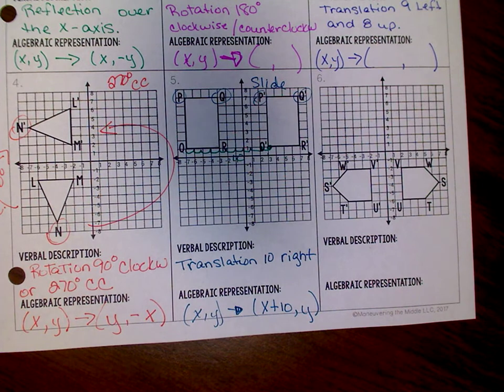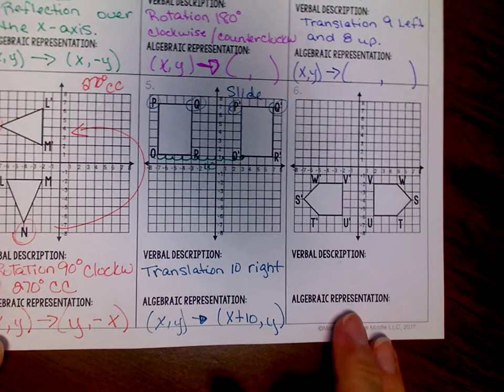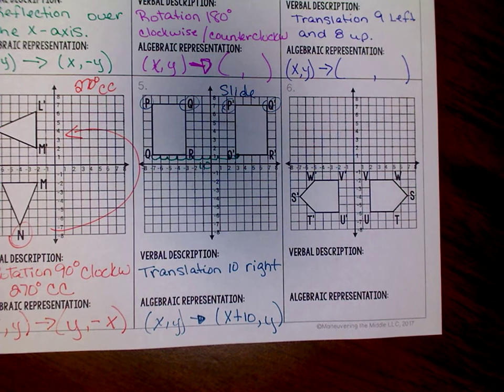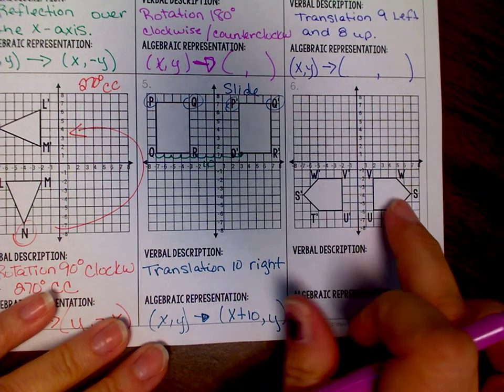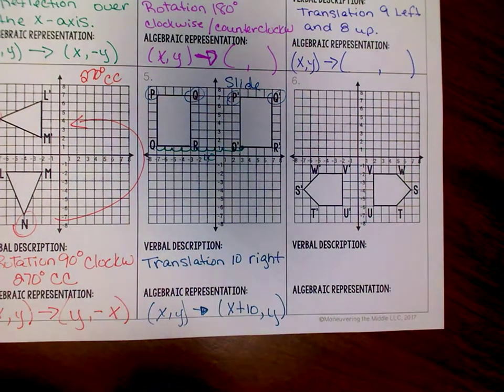Okay, number 6. Let's look. I want you to highlight your original figure. What happened to that original figure? The vertices are in a different order. If we try to slide it, they'd be in a different order because the V and U would be over here.